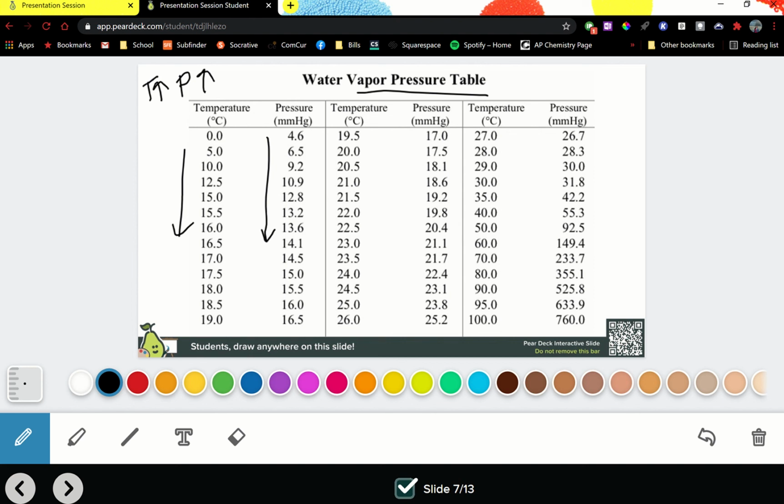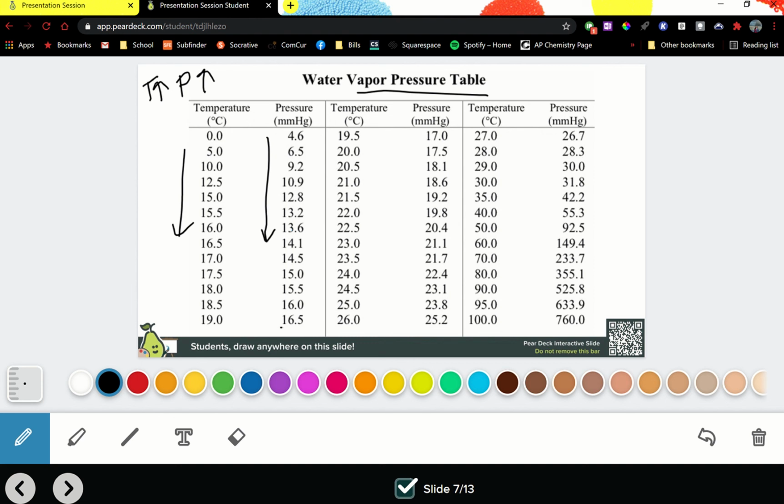And it's just because more particles are going to be able to escape that surface and evaporate and become gaseous form. So we can see it's going to steadily increase. We can measure what the temperature of our water is, and we would be able to look up the pressure at that temperature.